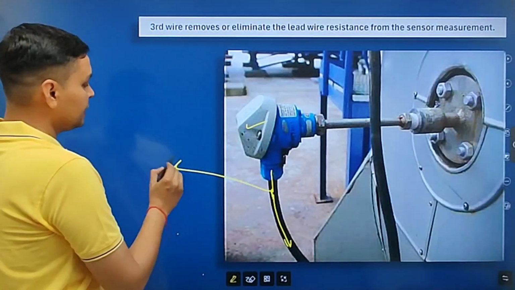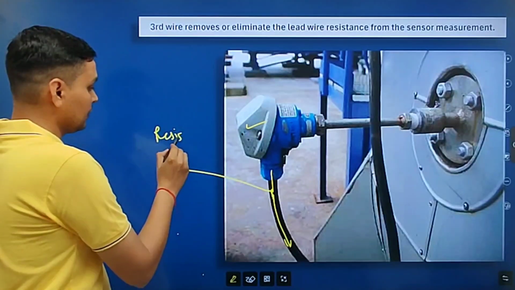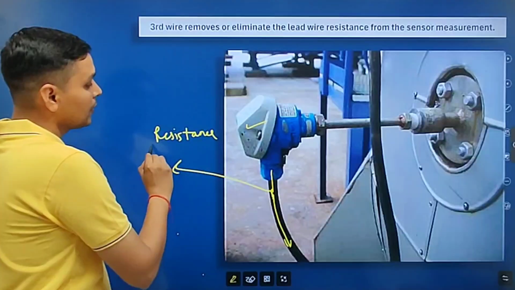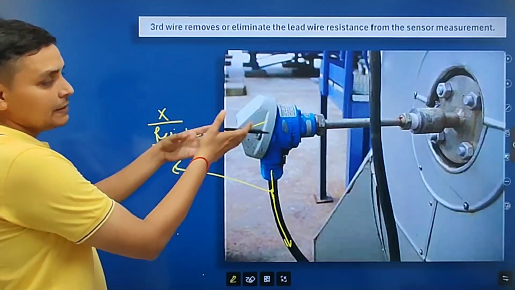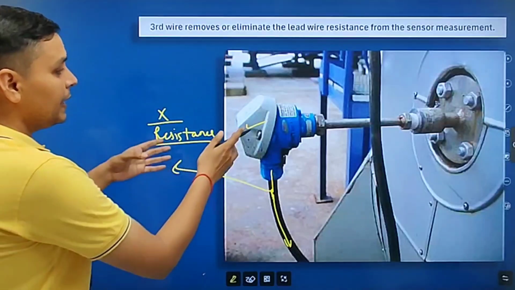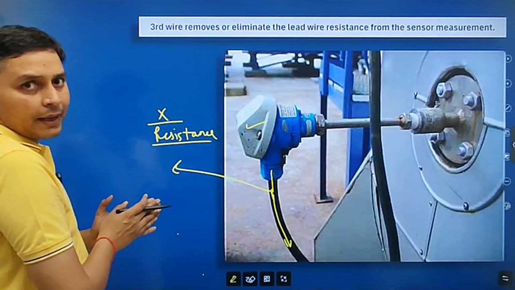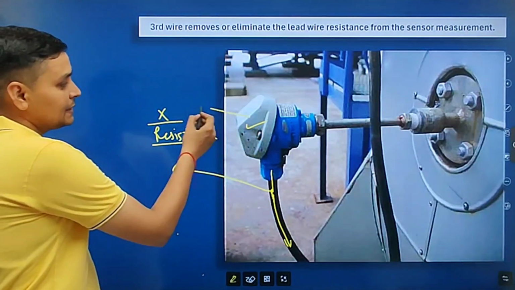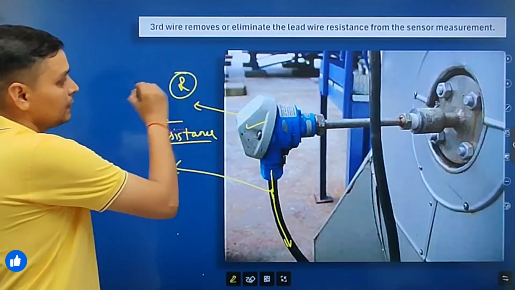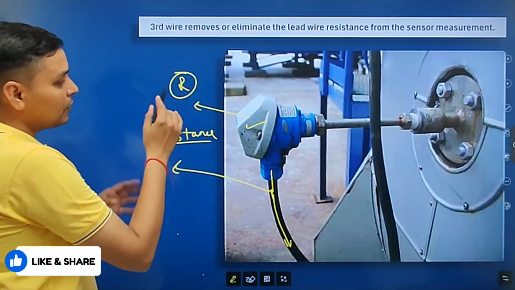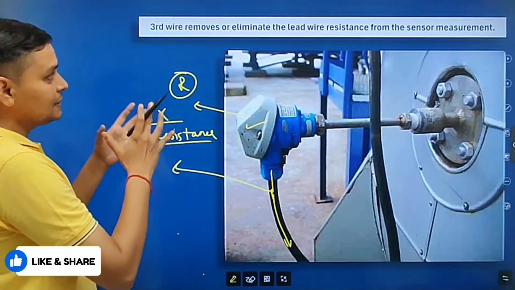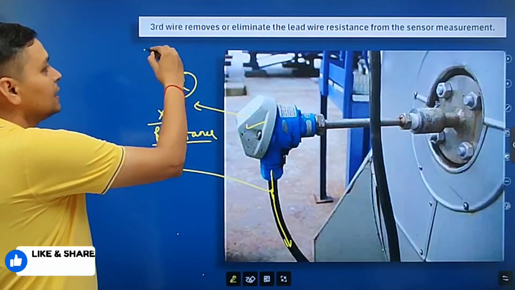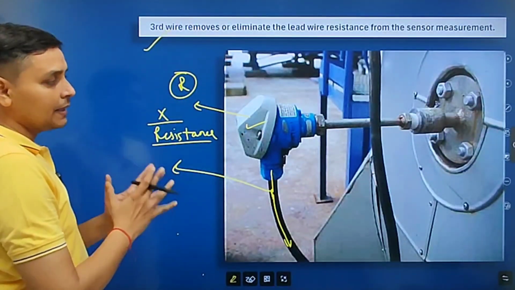So this wire resistance will not be included when we measure the resistance of the RTD at the controller side. So the resistance we measure here will also be displayed at the controller side or any indicator side. This is the main reason for using the third wire in 3-wire RTD.